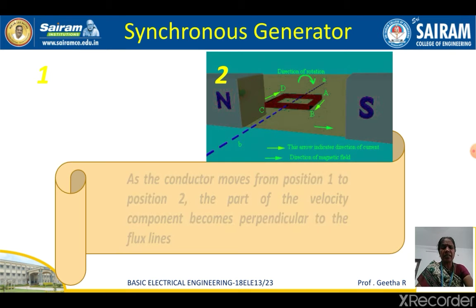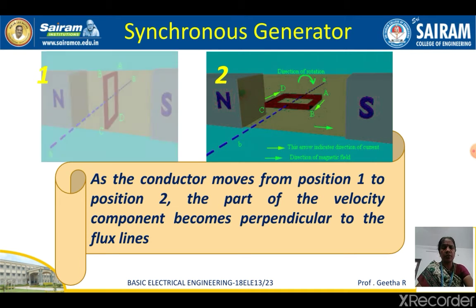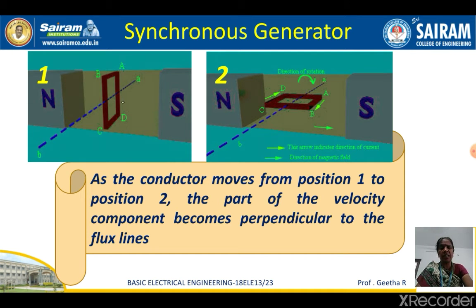When the conductor moves from position 1 to position 2, previously it was vertical, and now it is rotated clockwise. You can see the direction is also marked here. As it moves, part of the velocity component becomes perpendicular to the flux lines, so it cuts the flux lines.